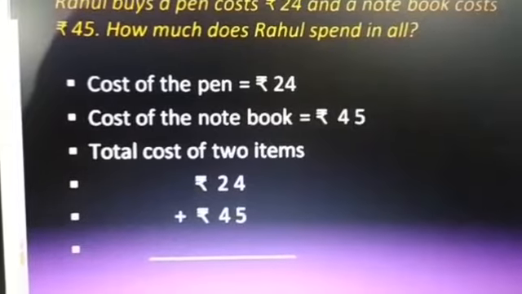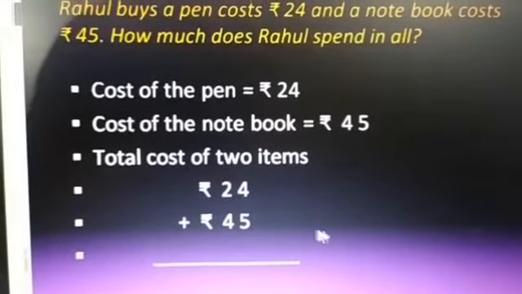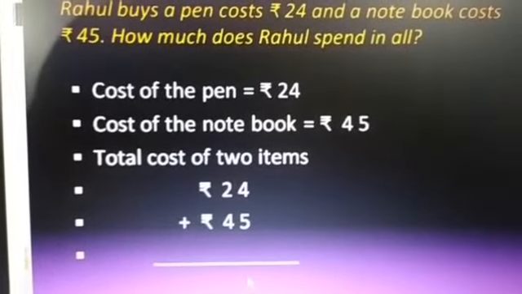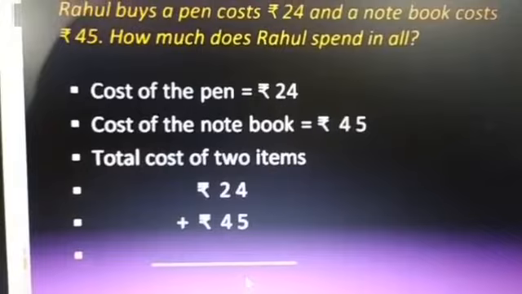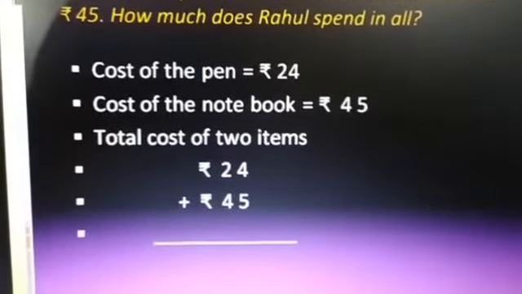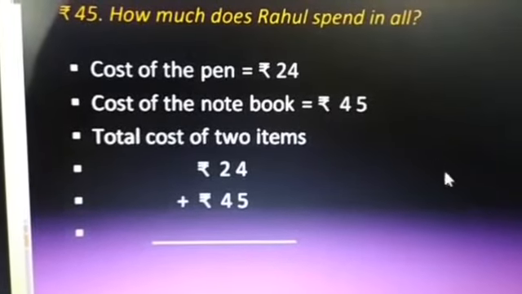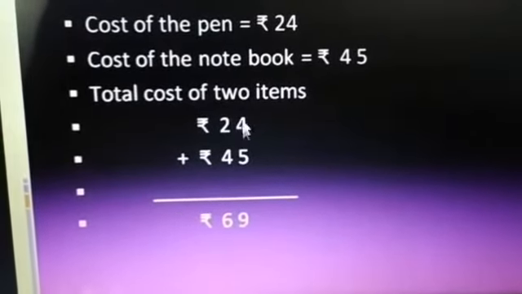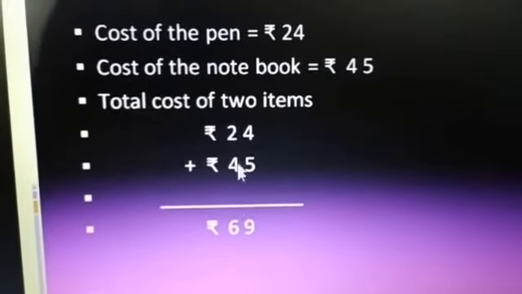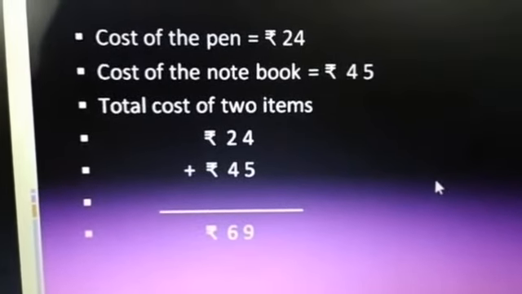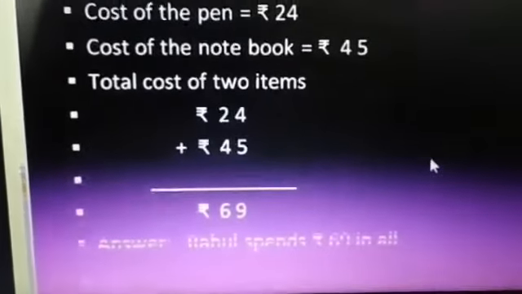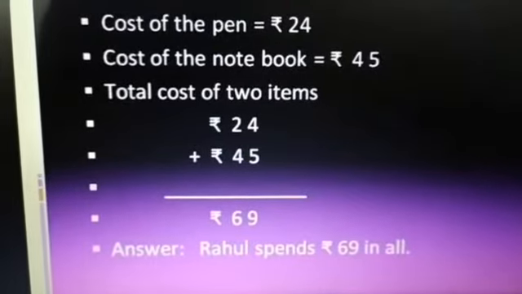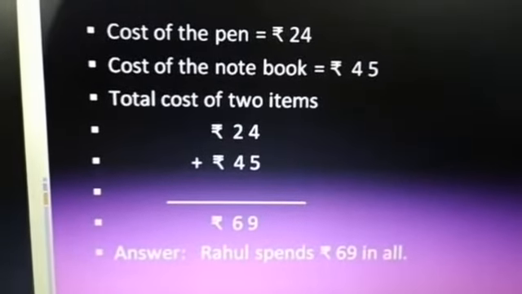So, how much is it? 5 plus 4. If you do 5 plus 4, how much is it? It is actually 69. 5 plus 4 is 9 and 4 plus 2 is 6. So finally, how much did Rahul spend? Rahul spent 69 rupees on these two items.